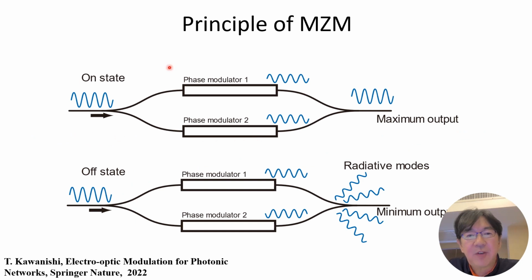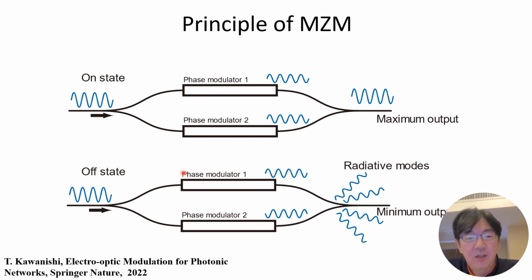This shows the basic principle of the Mach-Zehnder modulator. As I mentioned, by changing the phase difference, we can control the optical output power. In the on state, the phase difference would be 0 degrees, and we can have constructive interference on the waveguide mode, and we can get the maximized output.